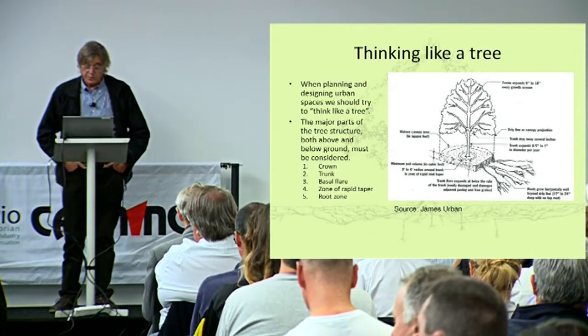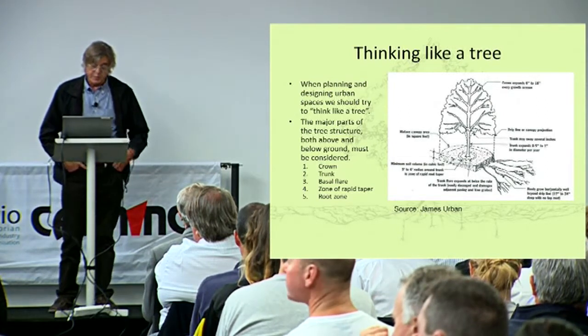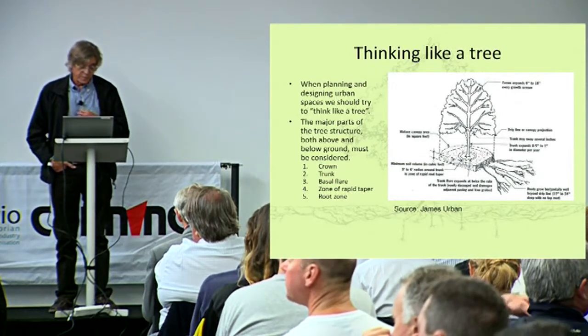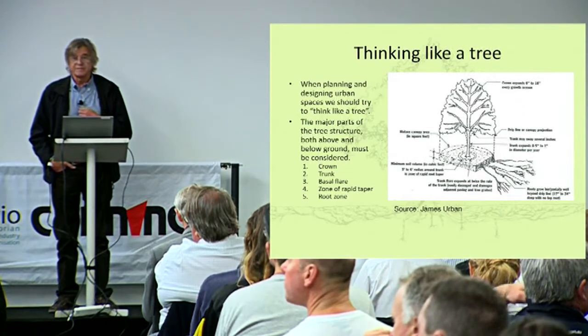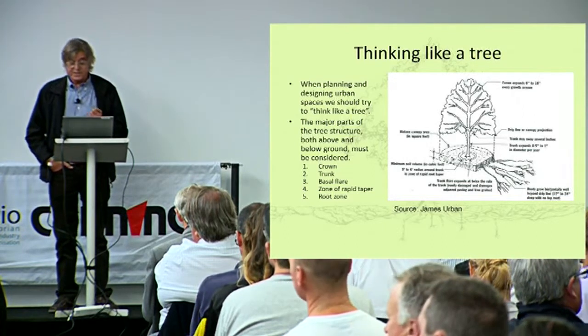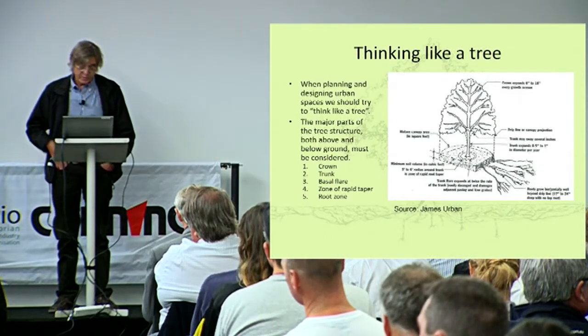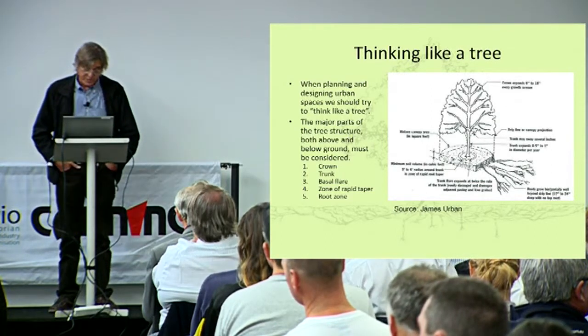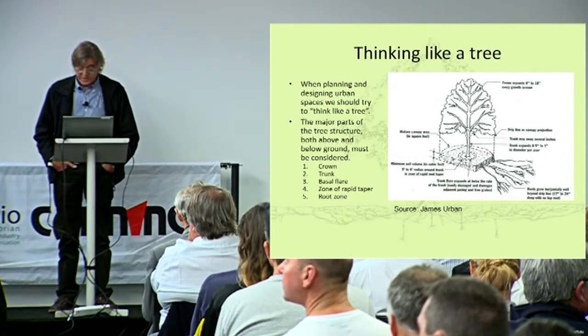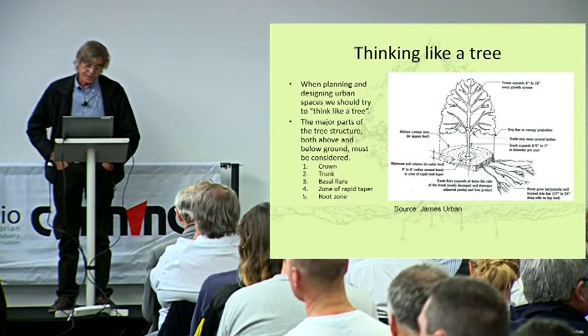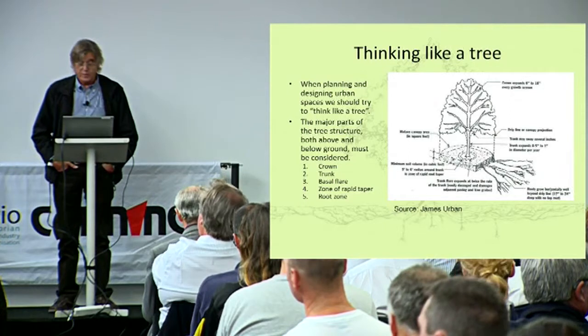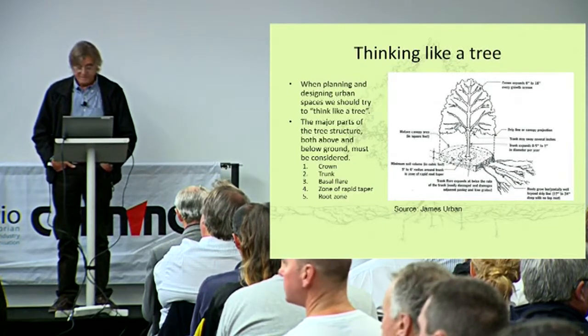So I like to use this term, thinking like a tree. When planning and designing urban spaces, we should try to think like a tree. So as a landscape architect or designer, we should be thinking about what the needs of a tree are. And I've come back once again to James Urban. He has this useful image where we have to consider all the major parts of a tree when we're designing.